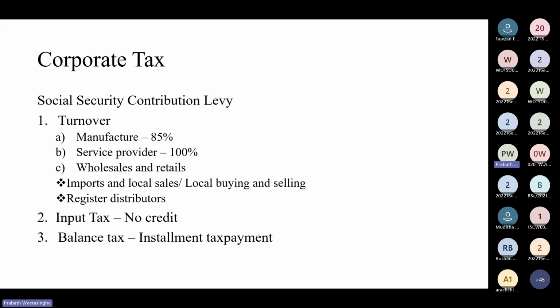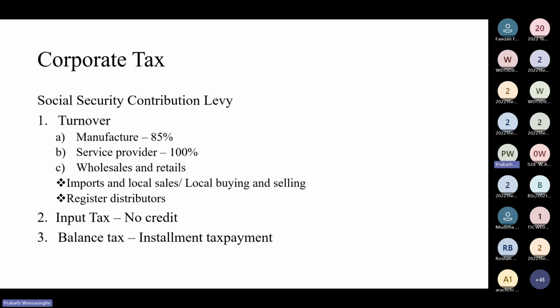In such a case, 25% of the turnover, 2.5%. Remember that the SSCL is on the turnover, received or receivable. In there, if there is any value-added tax amount, we can remove that, or the bad debt we can remove. So the balance we can consider, and on that 2.5%.